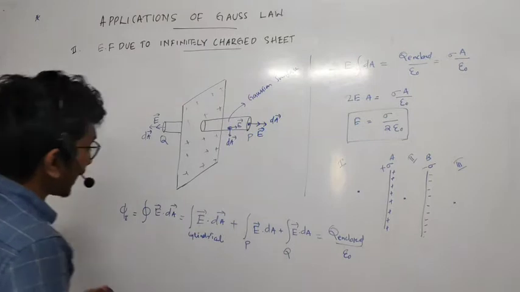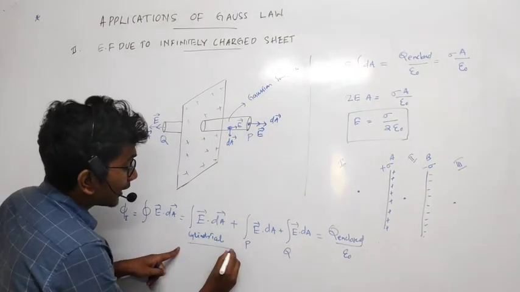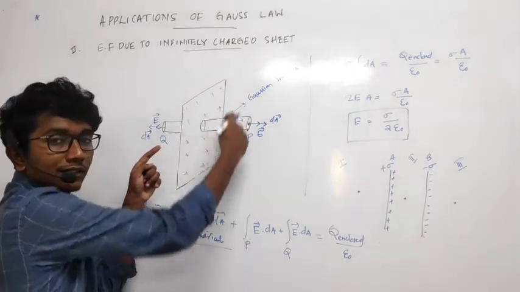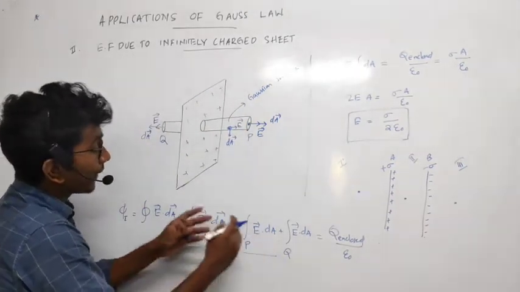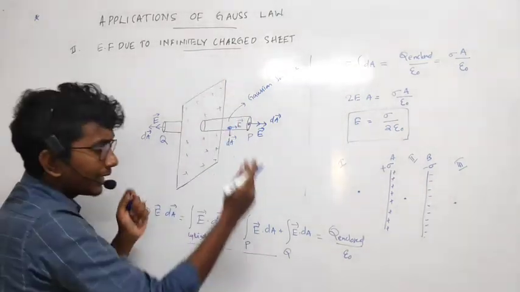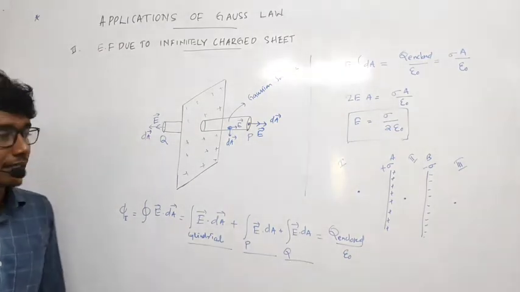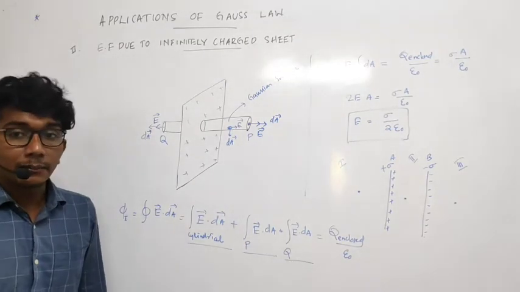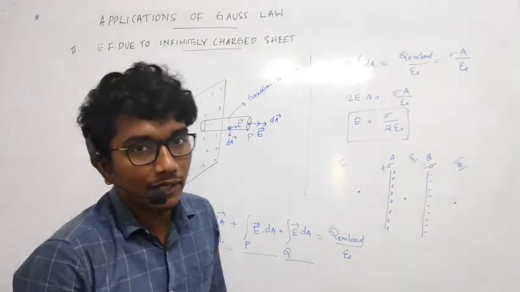So I can write it as the integral of E dot dA over the curved surface, plus the integral of E dot dA at surface P, and then at Q. Now we have to check the direction, because if cos theta is equal to 0, then we don't have to consider that value, right?